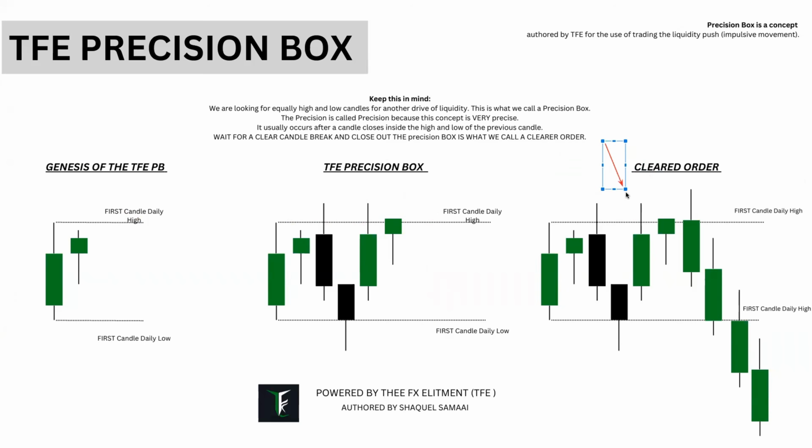Once the market has cleared its orders, boom, boom, boom, it'll basically close a few candles outside the range. Here's the range, and there at the bottom you can see candles going all in one direction. That is the market clearing the orders, and that's the direction you want to continue going in.